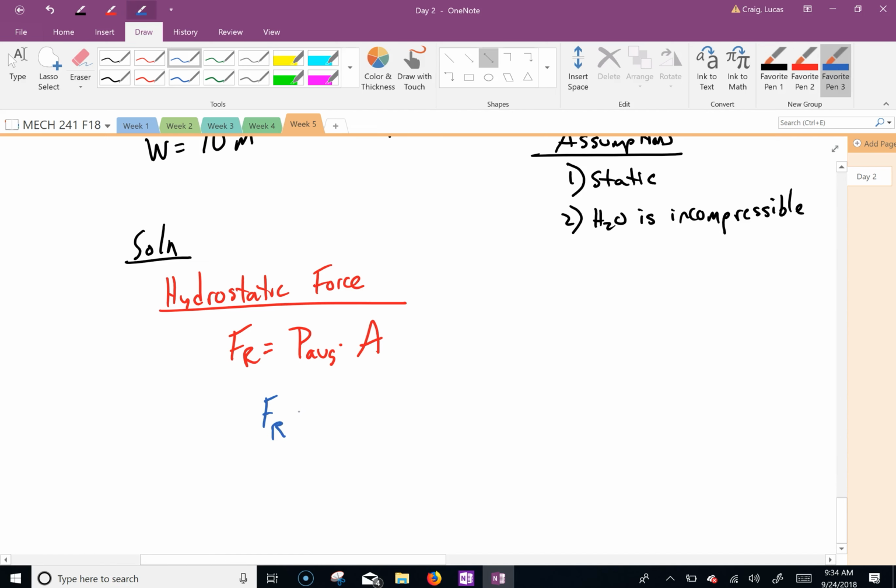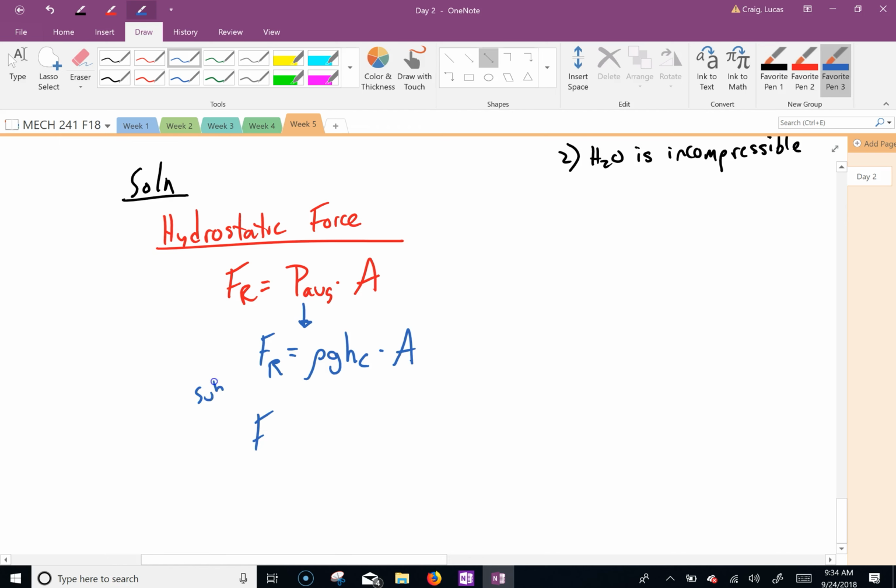I'll just plug in P average, which is rho g HC times A. Now, do I have to do that? I could have just said find P average, found that number, and multiply by area. It's up to you how you want to do this. But as long as you have a heading and you give me some equations.